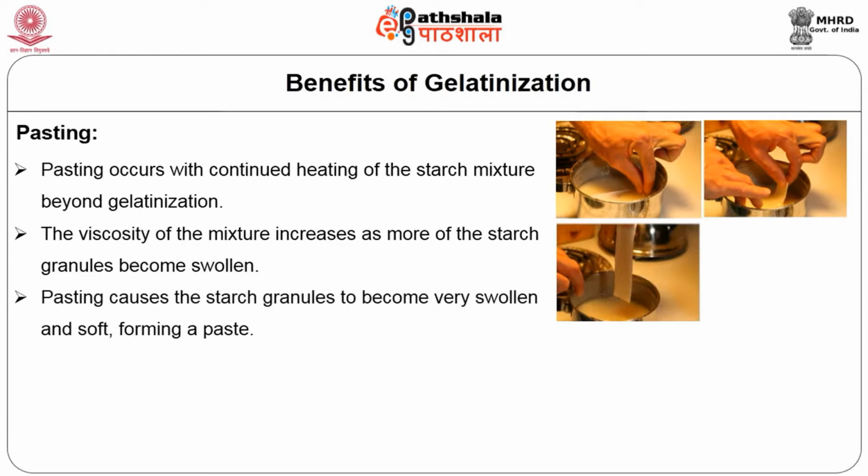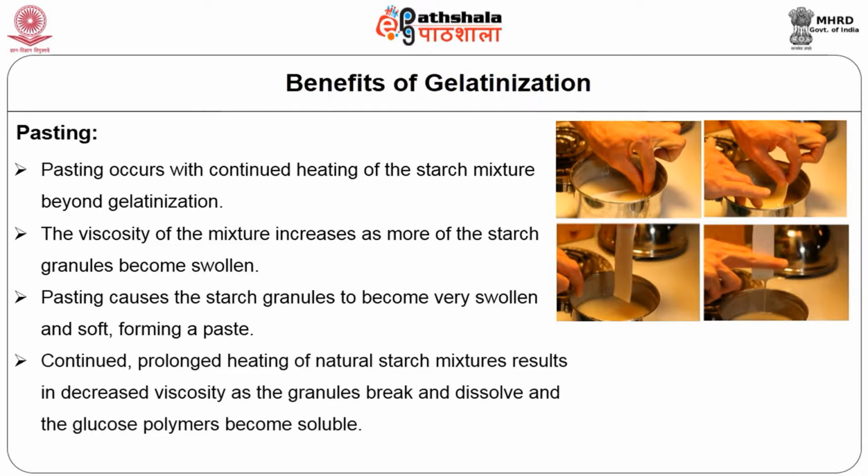Pasting causes the starch granules to become very swollen and soft, forming a paste. Continued prolonged heating of natural starch mixtures results in decreased viscosity as the granules break and dissolve, and the glucose polymers, that is the starch molecules, become soluble.